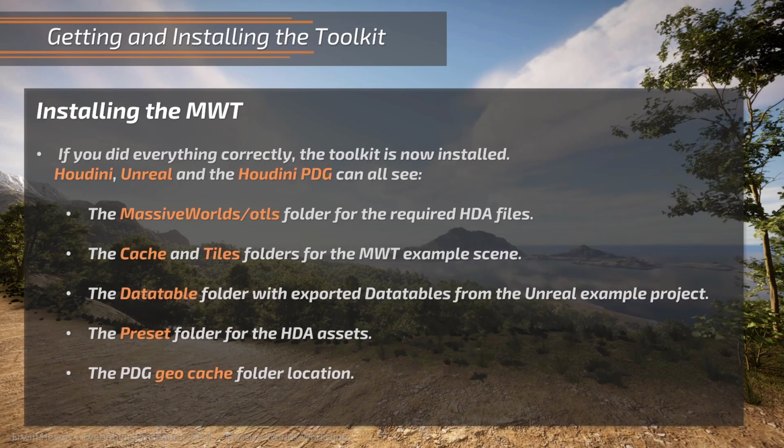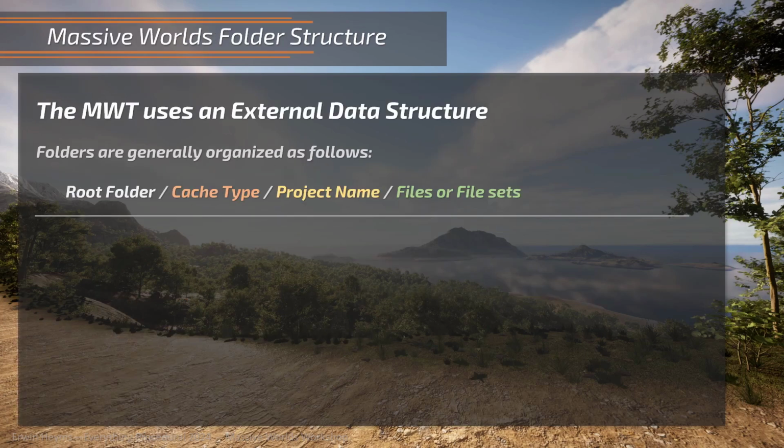Now, if you've done all of this correctly, then the toolkit should now be properly installed, and both Houdini, Unreal, and the Houdini PTG should be able to see all the cache folders of the toolkit, as well as the HDAs. Now, when it comes to these cache folders, they are generally organized in this structure here.